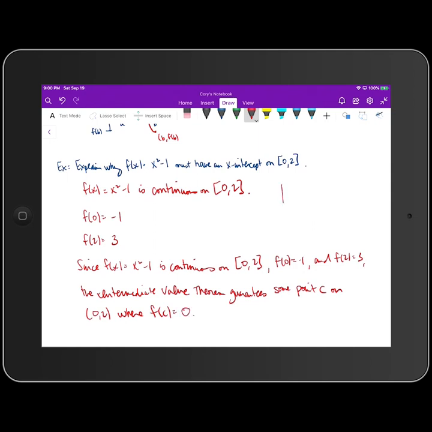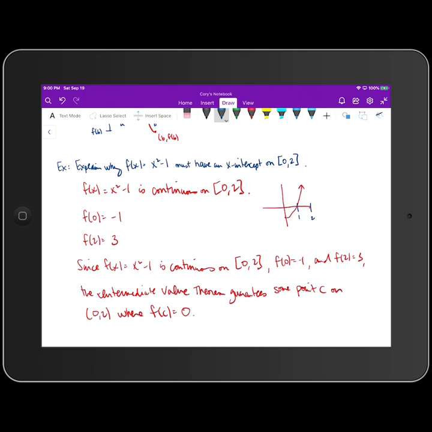So again, if you looked at this graphically, the function x squared minus 1 is going to look like this. It's the graph of x squared just shifted down 1 unit. If you looked at that on the closed interval from 0 to 2, graphically the function looks like so.